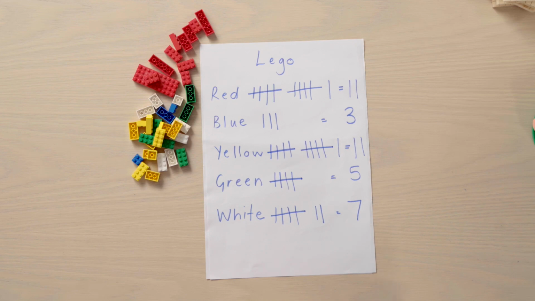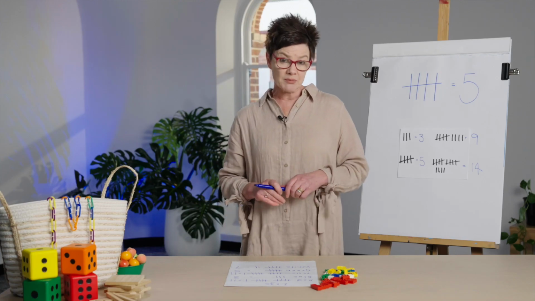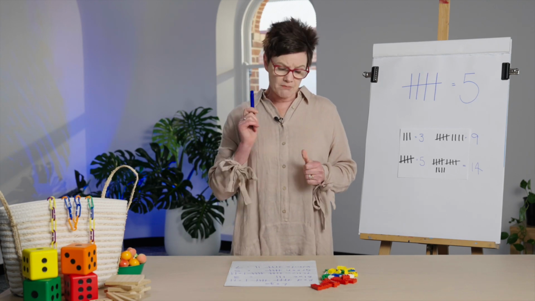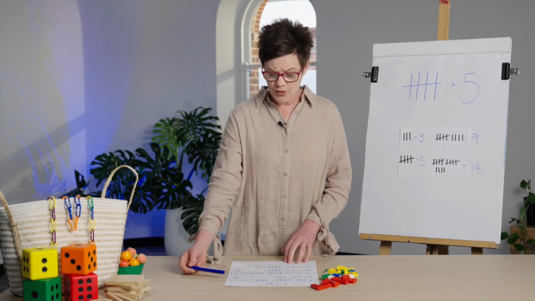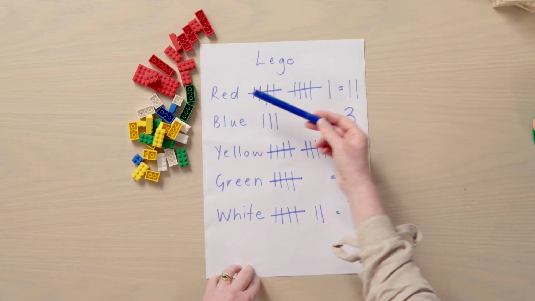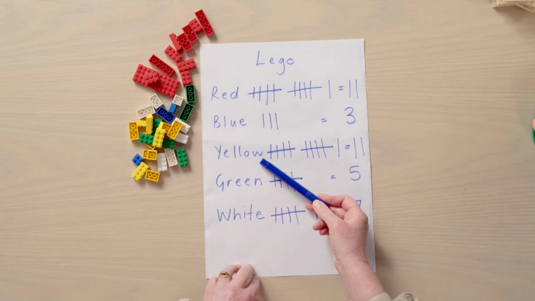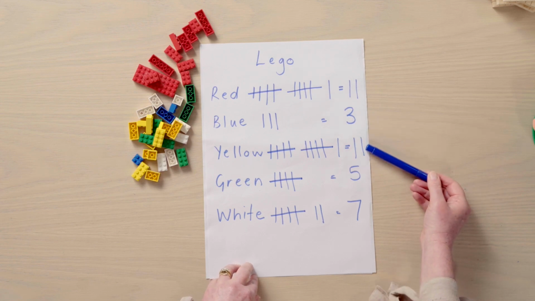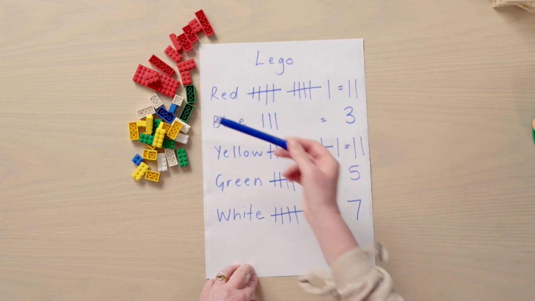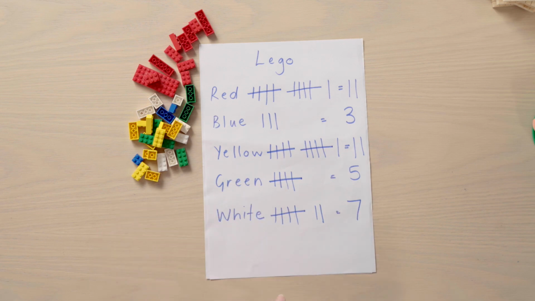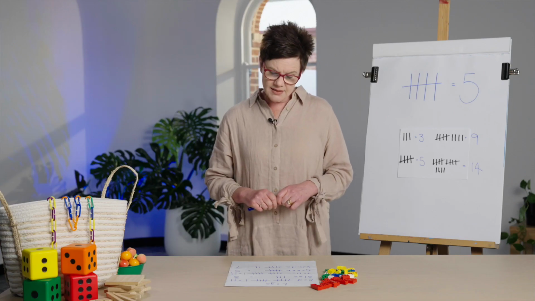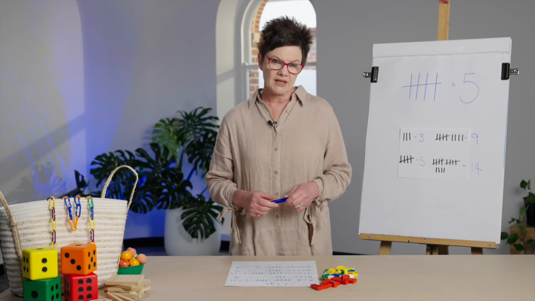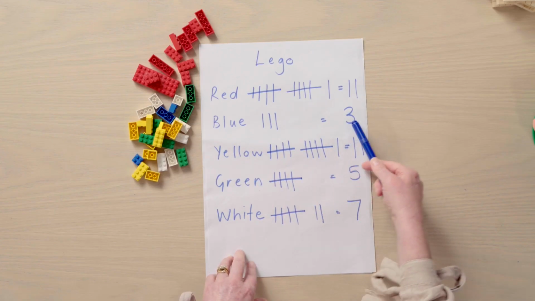Now, let's make some statements about our data. It seems to me that the colour Malcolm has most are red and yellow. 11 and 11. In fact, he has the same amount of red and yellow Lego in this collection. It seems also that the least amount of colour we have in Lego is blue.